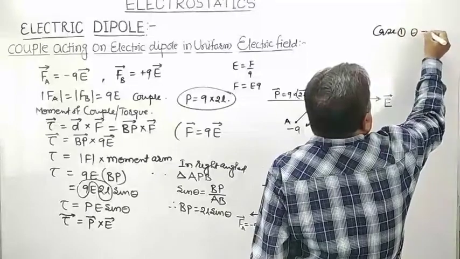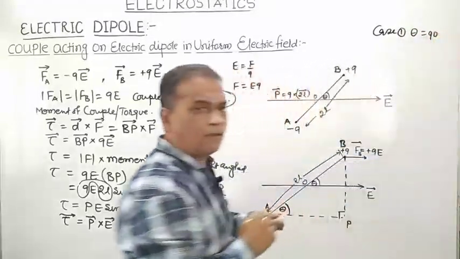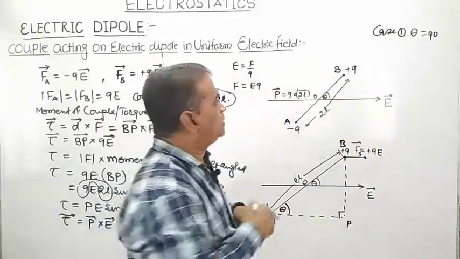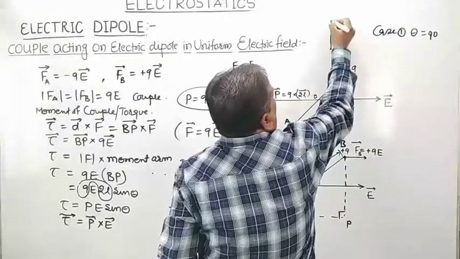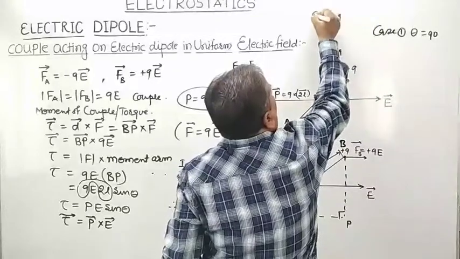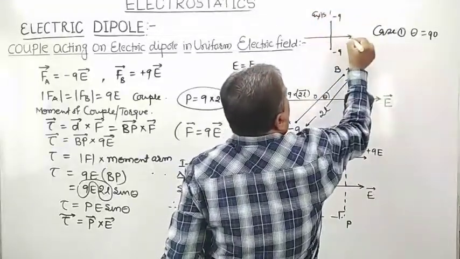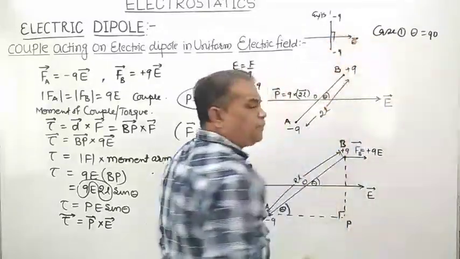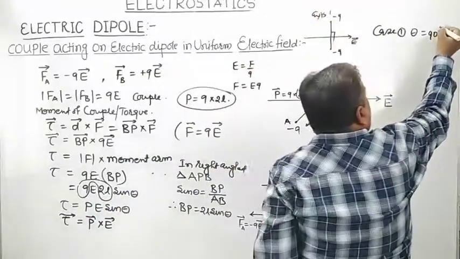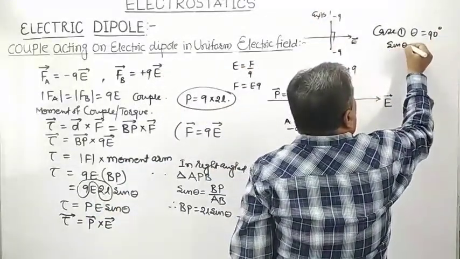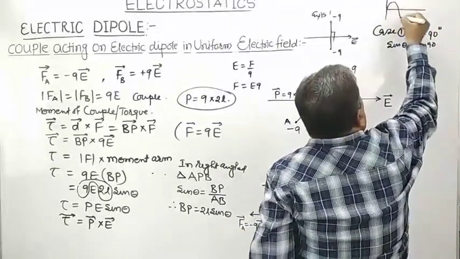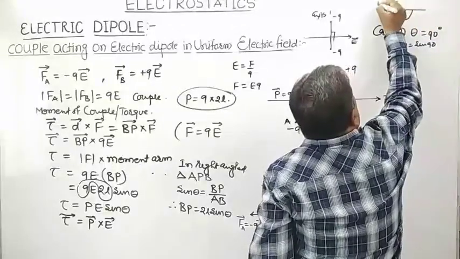Case number one: the angle between the axis of dipole and the direction of electric field. See here, this is the axis of dipole, where we have minus Q and plus Q charges, and here is the direction of electric field. If the angle between the axis of dipole and the direction of electric field is 90 degrees, what is sine theta equal to? You know very well from the sine curve that sine 90 is equal to plus 1.